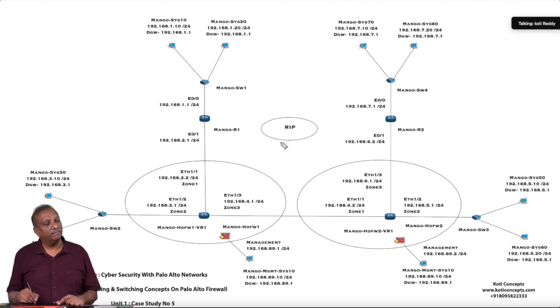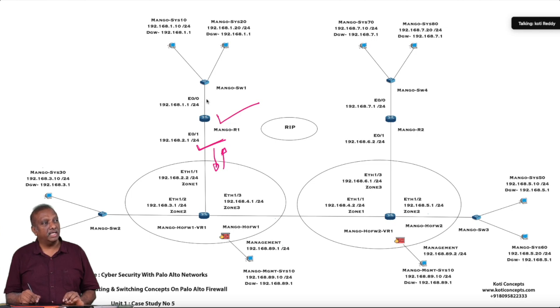Say, for example, when I configure RIP protocol, I configure RIP on the router as a whole, and then I configure it on this interface, right? Only if I configure it on the interface, it starts sending or receiving the updates via this interface. But why should I enable it on this interface?